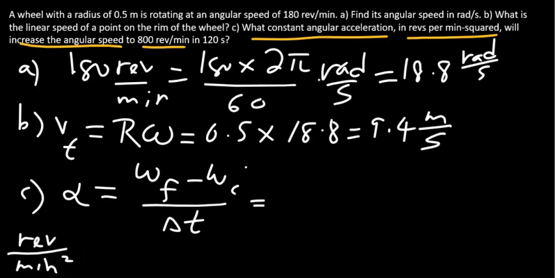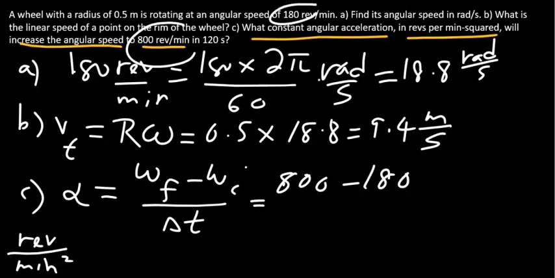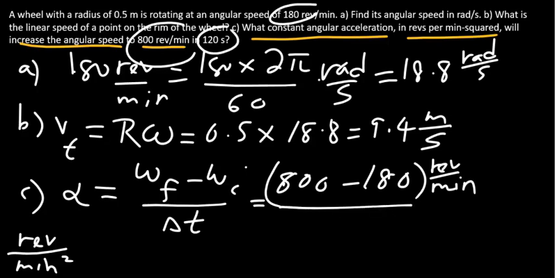So the final angular speed is given in terms of rev and minute, so that is 800. The initial angular speed in the same unit is 180, so that's going to give you rev per minute. The time interval is 120 seconds, which is exactly 2 minutes, so that is divided by 2 minutes.